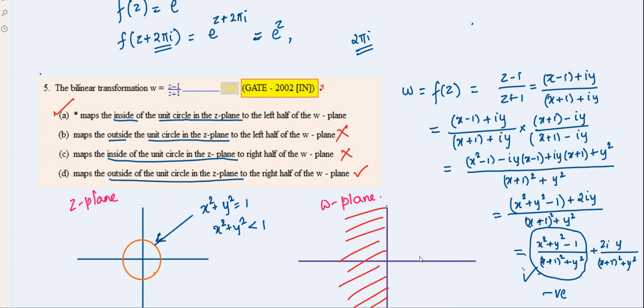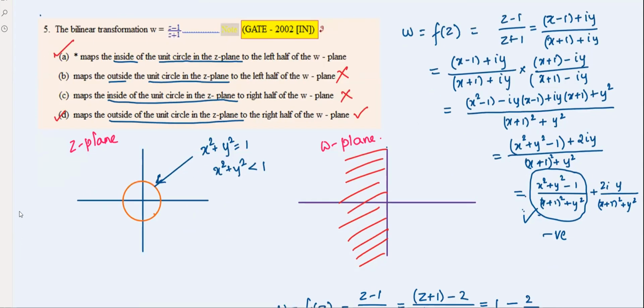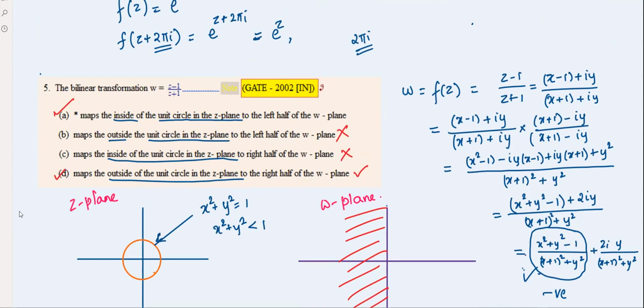Because again, this will be plus and minus. If it's a multiple option question, then both are right. It will not be the complete right half plane.